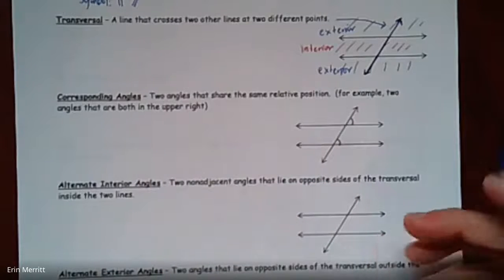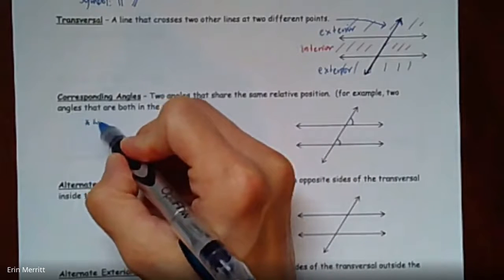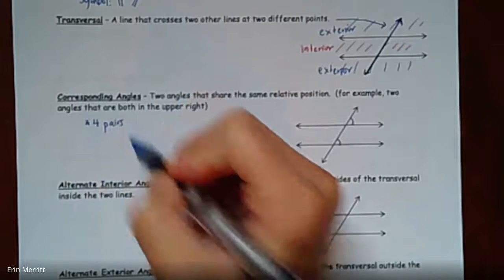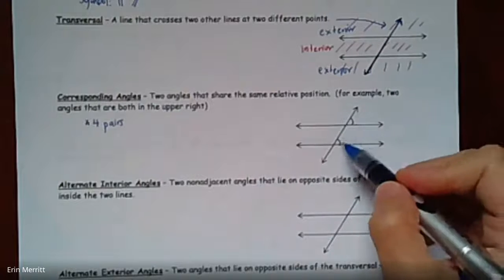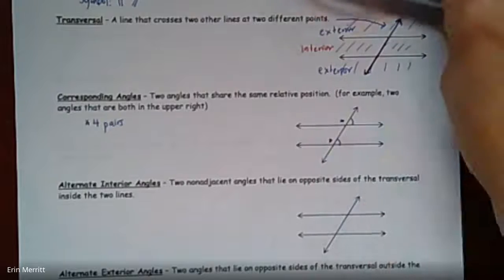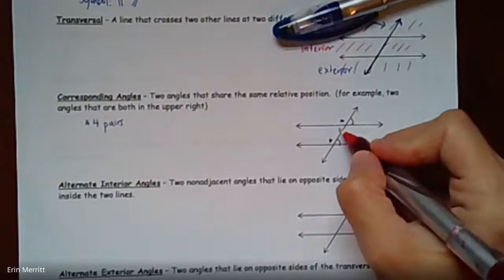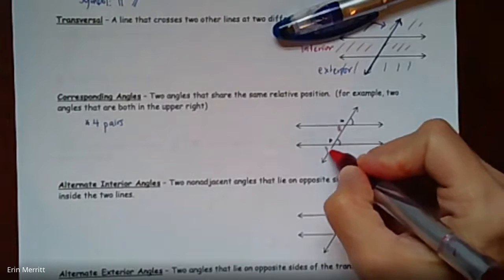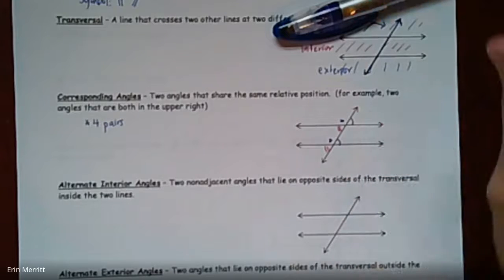So you do get four pairs of corresponding angles. So both top right, you could say both top left over here. If you have a different color, feel free to use it. You can do both the bottom left or both the bottom right, all right?